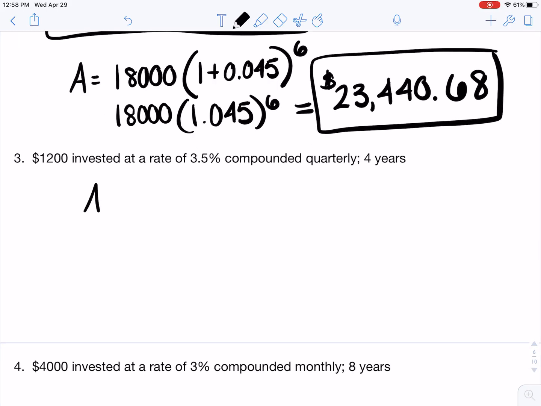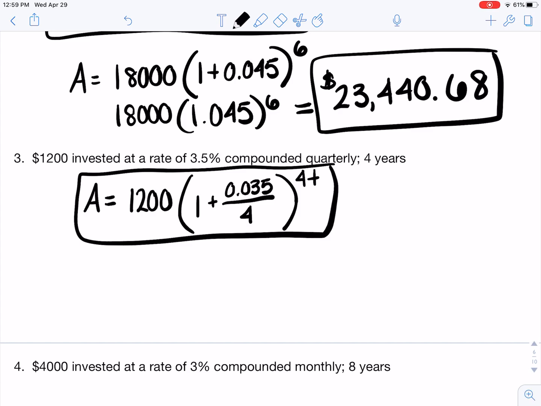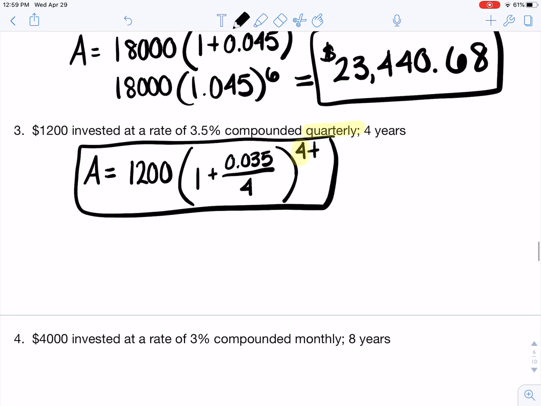All right, next one. A equals 1,200 times 1 plus 3.5%, which is 0.035, compounded quarterly, so I'm going to divide that by 4, and I'm going to have 4t. Now, this 4 came from being quarterly, not from the fact that they want me to figure this out for 14 years.